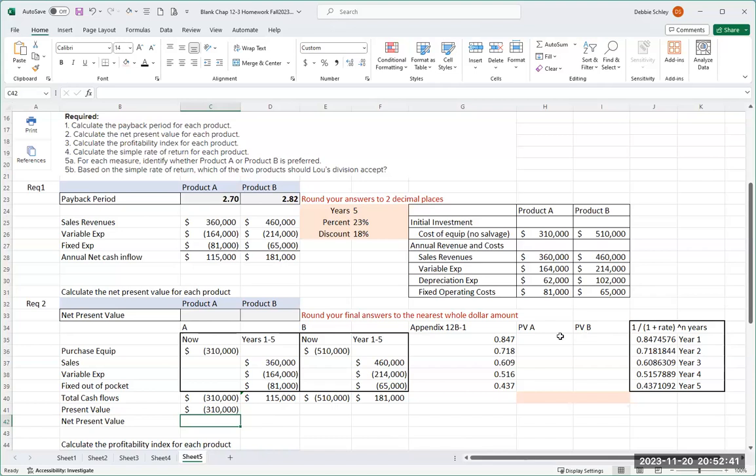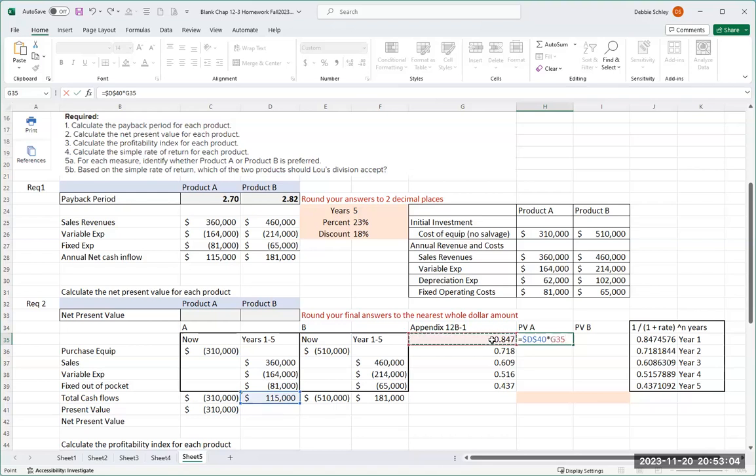So over here, I'm going to do these 1 year at a time. So equals that 115,000 cash inflow, and I'm going to anchor that cell because that's going to be in each one of these. And I'm going to times that by year 1 discount factor.